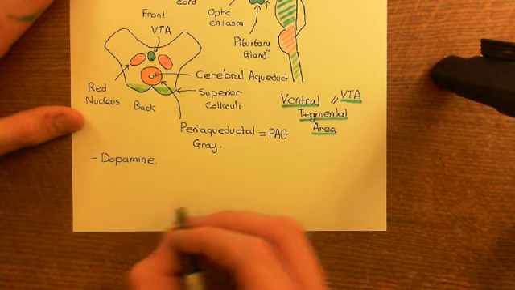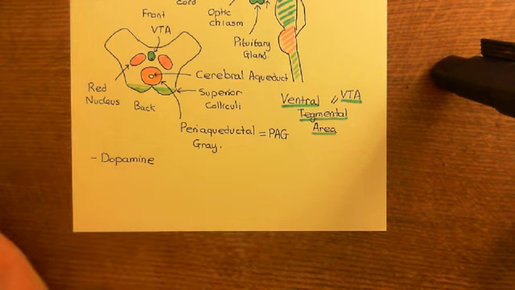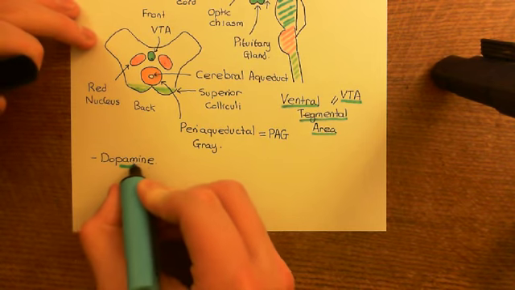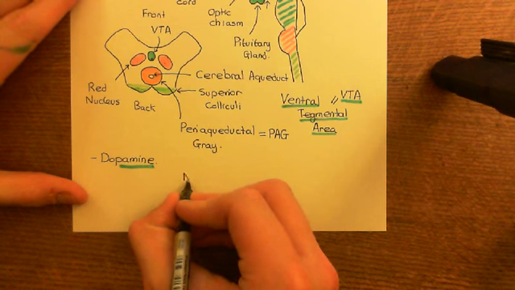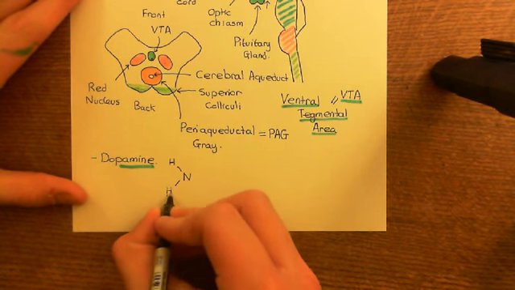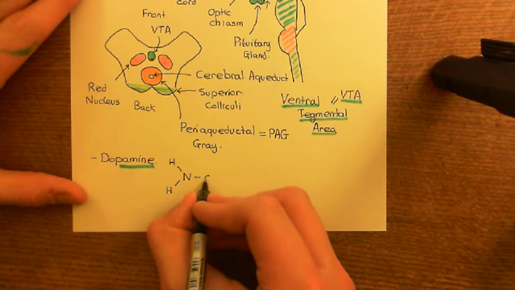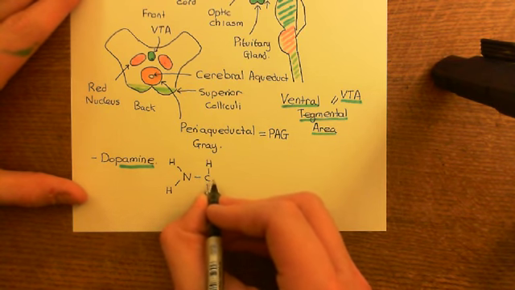Okay, right, so dopamine then. Firstly, the structure of dopamine. Dopamine, as the name suggests, has an amine group in it. So basically, here is the amine group. Then off the amine group, you have an ethylene group, which is just two methylene groups joined together.